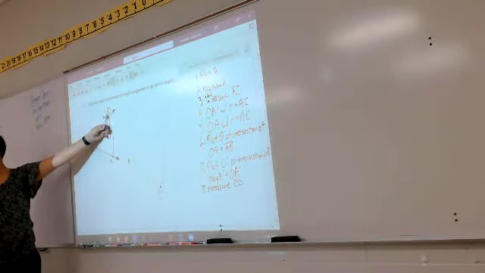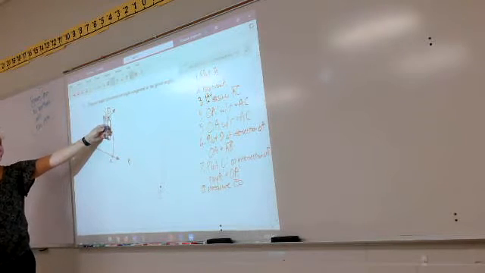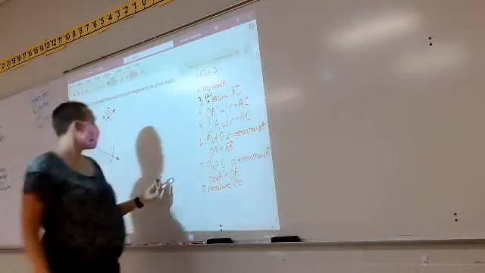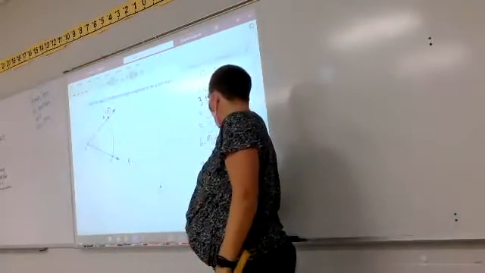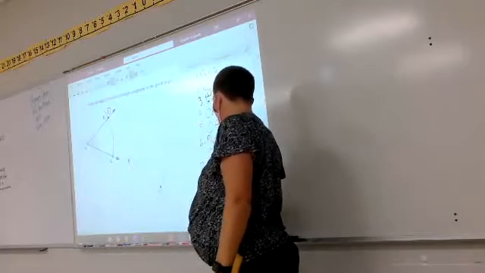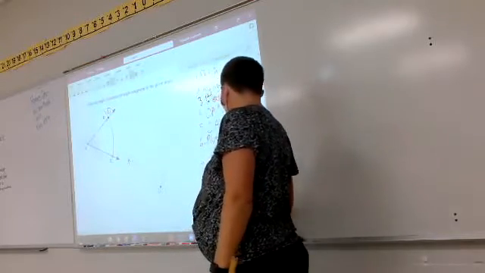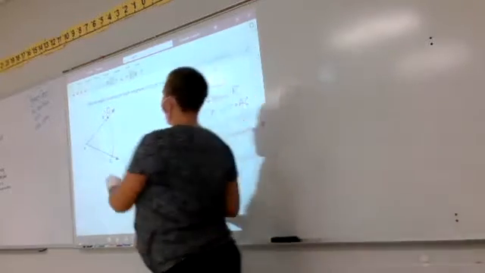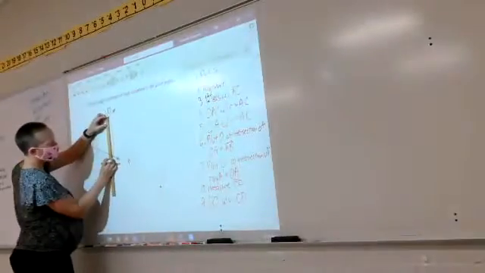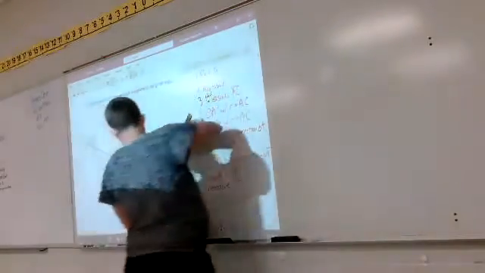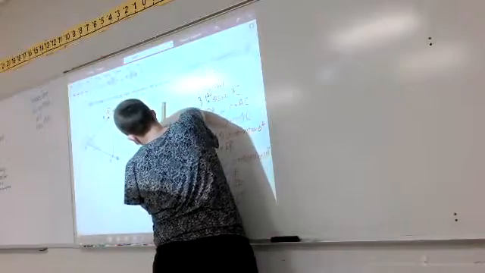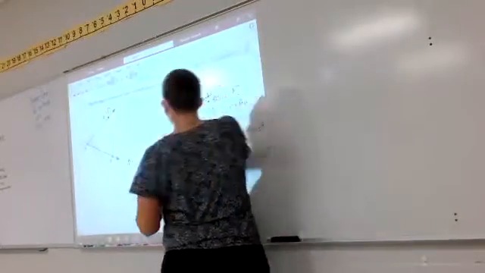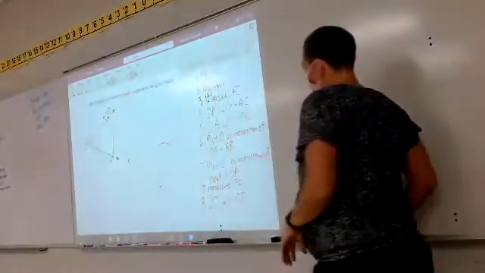You do not have to make a circle at C or at D. You go over to C prime and make circle C prime with radius equal to CD. So I'm measuring that opening of CD, coming over to C prime, and making a circle. That's a really bad one, but that's the idea.